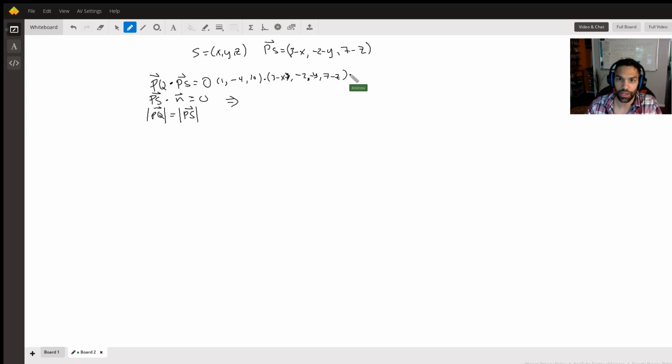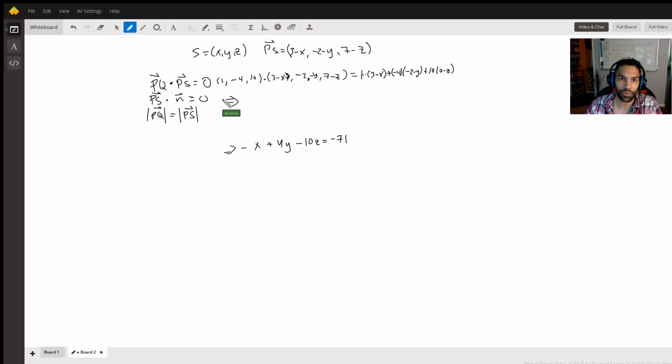When you dot those together, it ends up being 1 times the quantity 3 minus x, plus negative 4 times negative 2 minus y, plus 10 times 7 minus z. When you simplify that, it ends up being negative x plus 4y minus 10z equals negative 71.